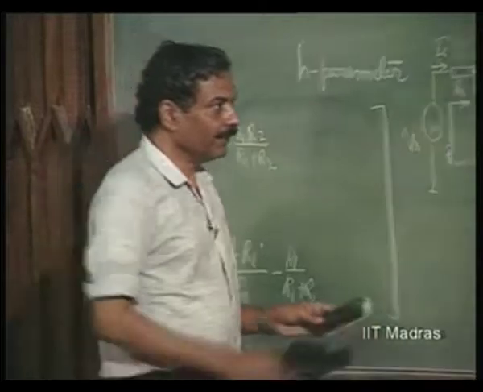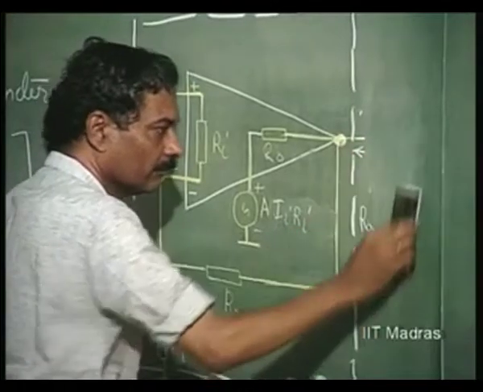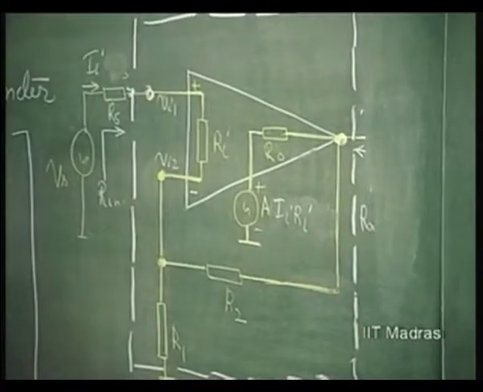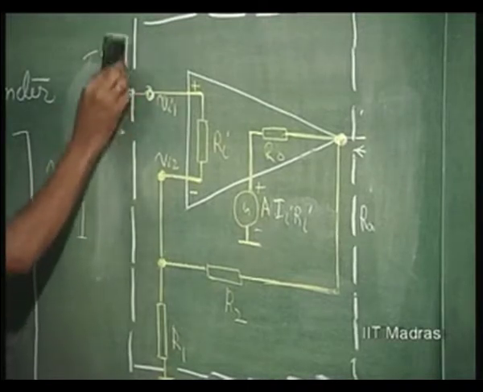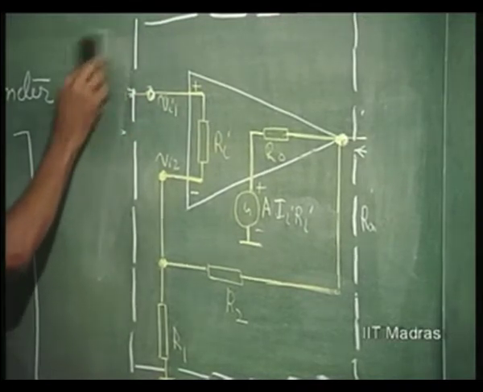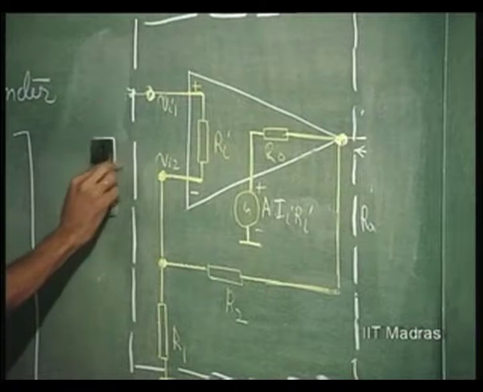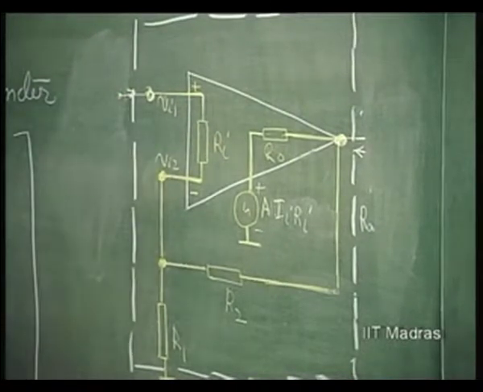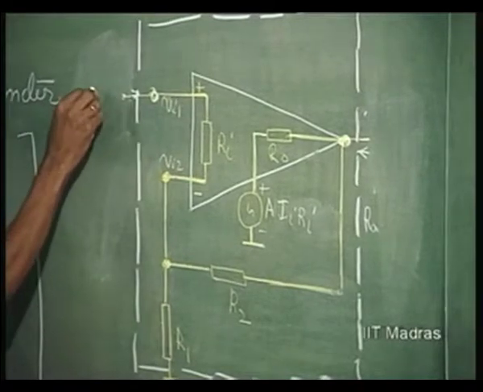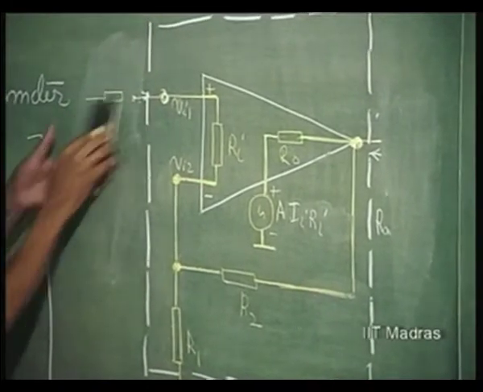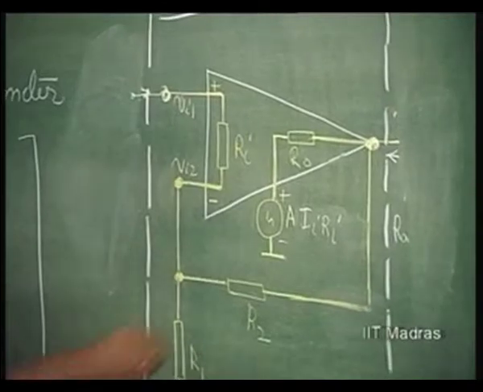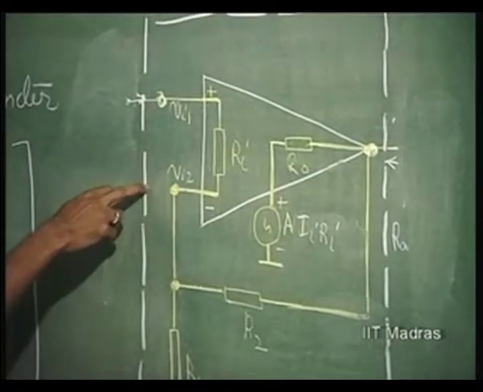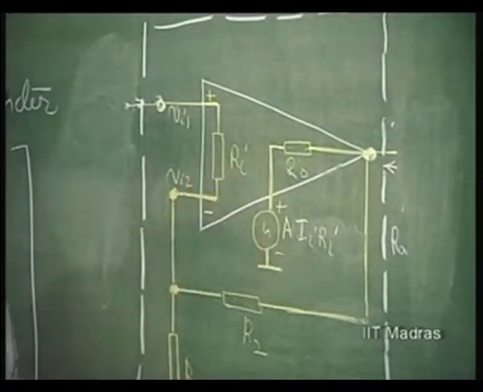Next we have to evaluate open circuit input. Input is open. So this source is removed. So what happens? There is no current in this. That means this is inactive.